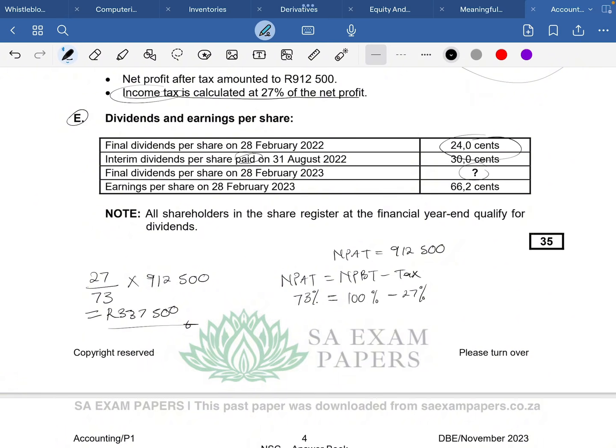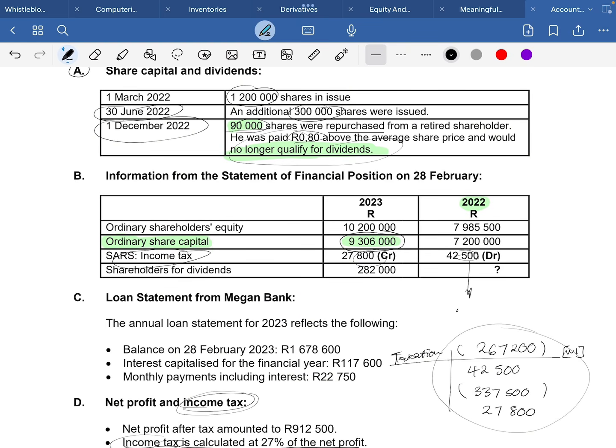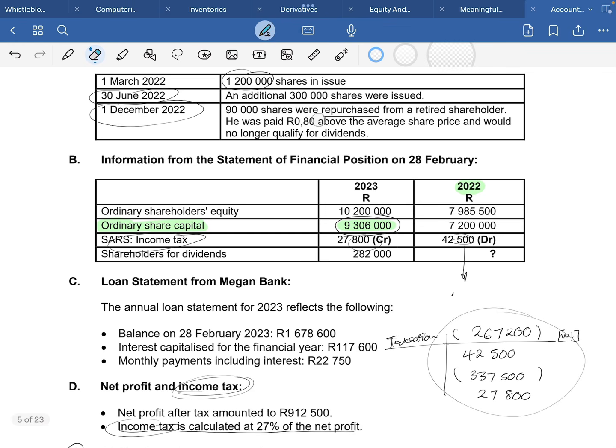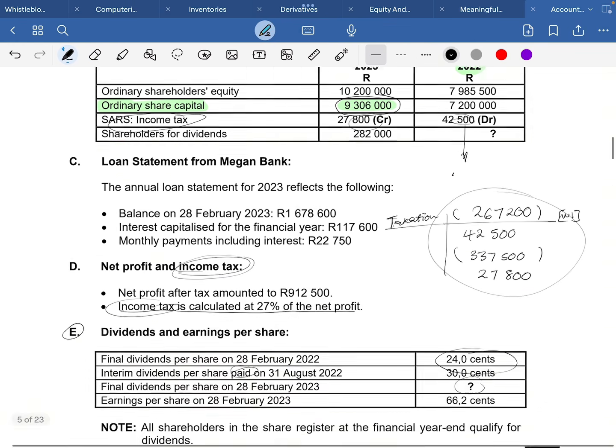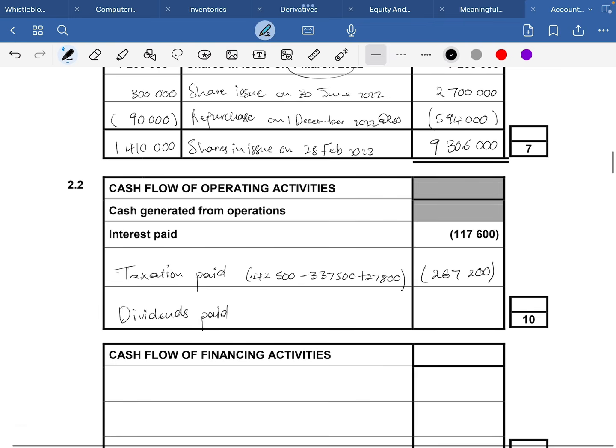And then note, all shareholders in the share register at the financial year end qualify for dividends. But this guy doesn't qualify because he's not in the share register at the end of the year. Right. So what we're supposed to do in this case, let me just erase this because it's a bit untidy. We will just get our interim dividends.